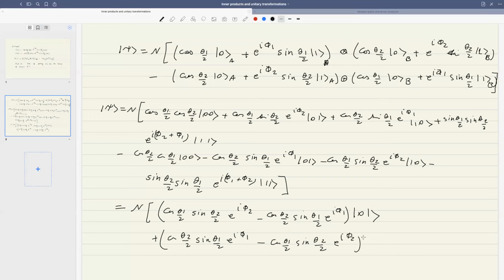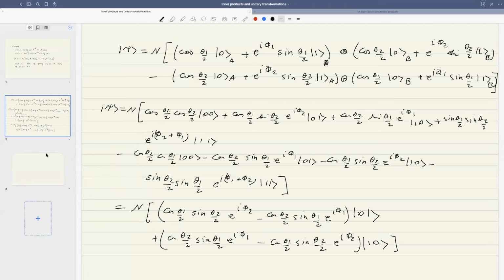And this is multiplying 1, 0. So you will see that these amplitudes are the same up to a sign, right? This is a negative sign of the other one.